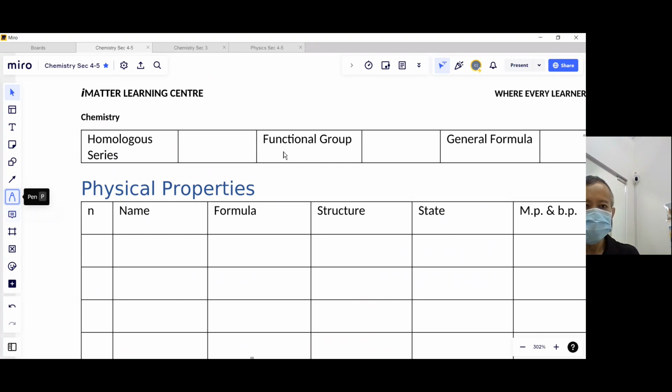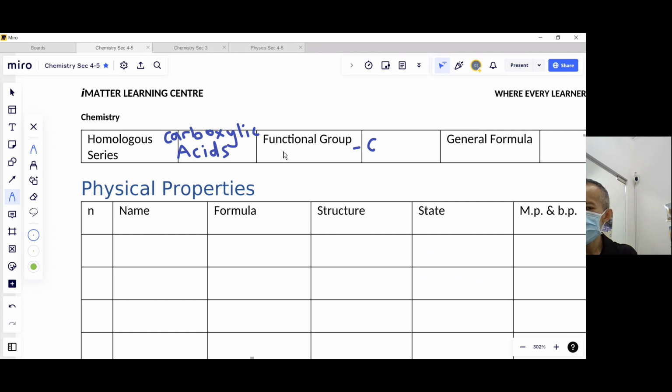Watch out for the spelling: carboxylic. Letters are very commonly missed. Same thing, look out for the functional group.